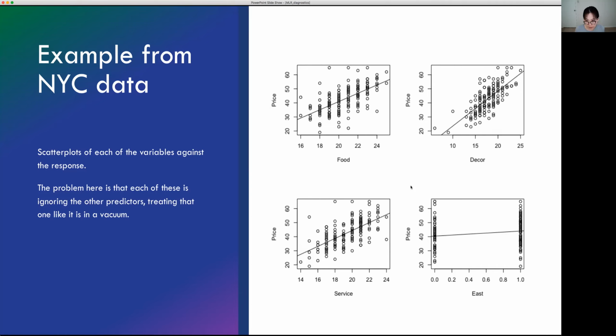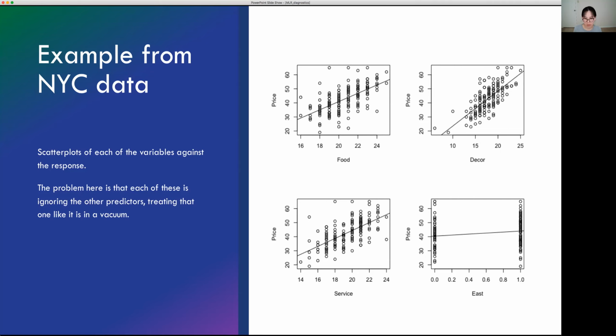The problem here is that we are ignoring other predictors when we make a single plot. We are ignoring decor, service, and whether it's on the east or west of Fifth Avenue.